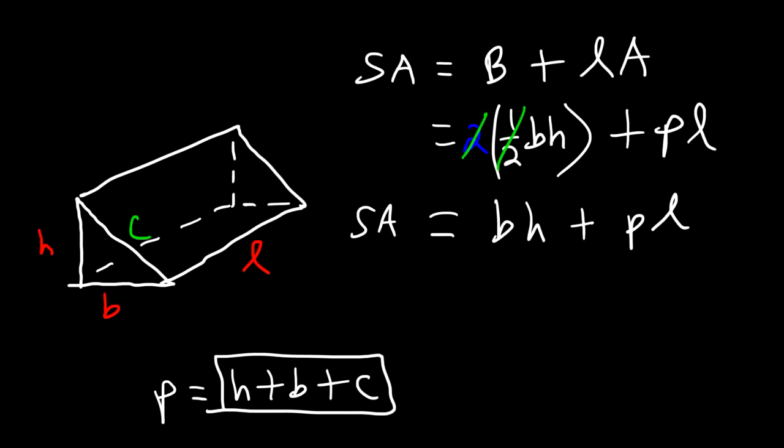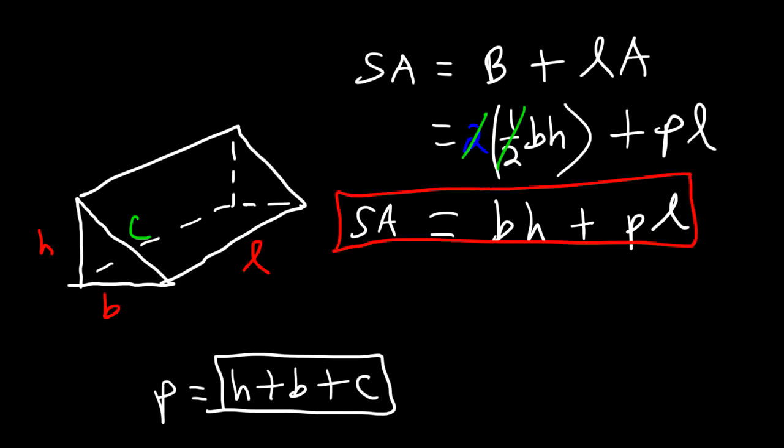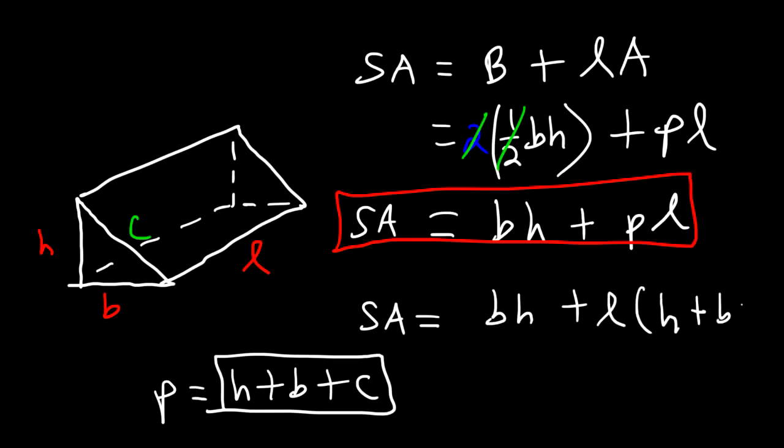So I'm going to write the equation like this, but if you want to, you could simplify your calculations by replacing P with h plus b plus c. So you can also use this formula if you find it easier. But I'm going to refer to this one most of the time.